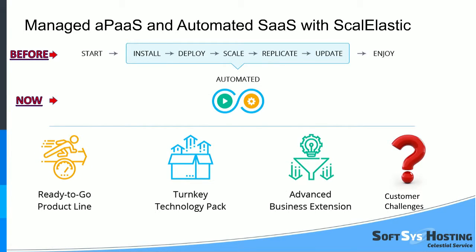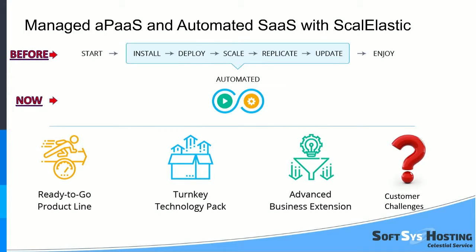Let's look at the level of automation that is currently available. So the graphic representation here shows two different aspects. The process marked as before is the one that is traditionally followed. You start with the project, install required components, deploy your code or database, manually scale the environment to assumed correct levels.